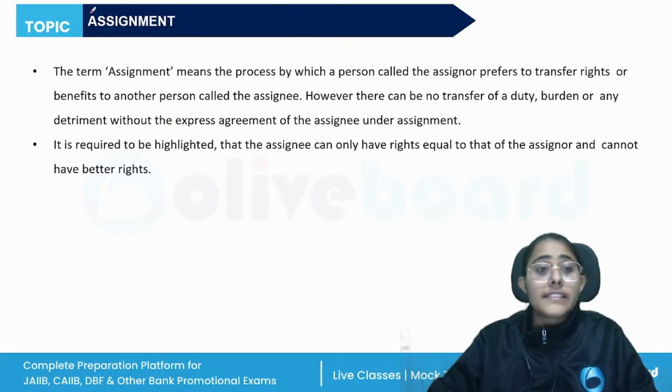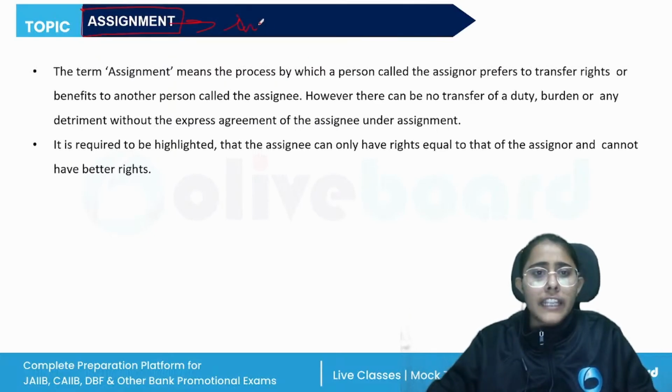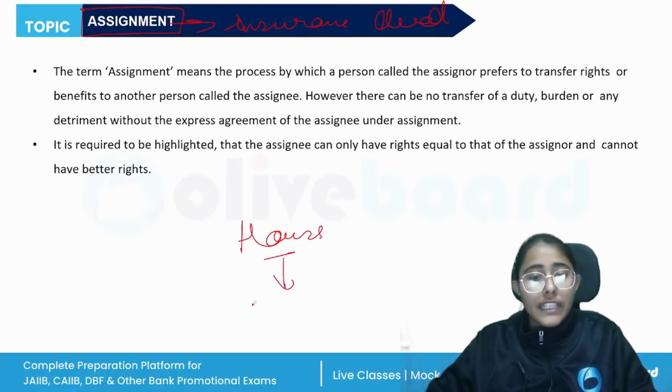Then we have the assignment. The most popular example of assignment is where loans are taken on insurance deeds. So if a person is keeping the insurance paper or insurance deed for, let's say, a housing loan, and insurance on the house was given as a security, not a mortgage but security.